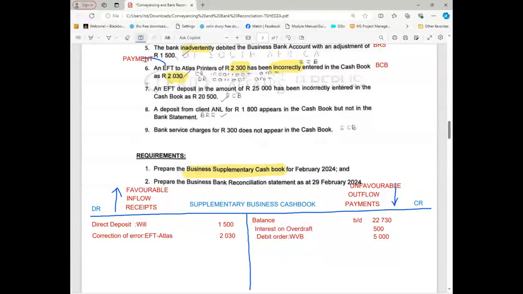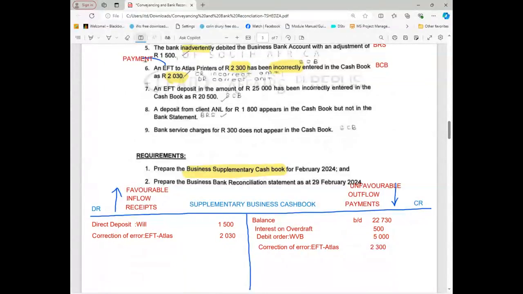So I'm just going to do the same thing that I did here, but now I'm going to put the correct amount.